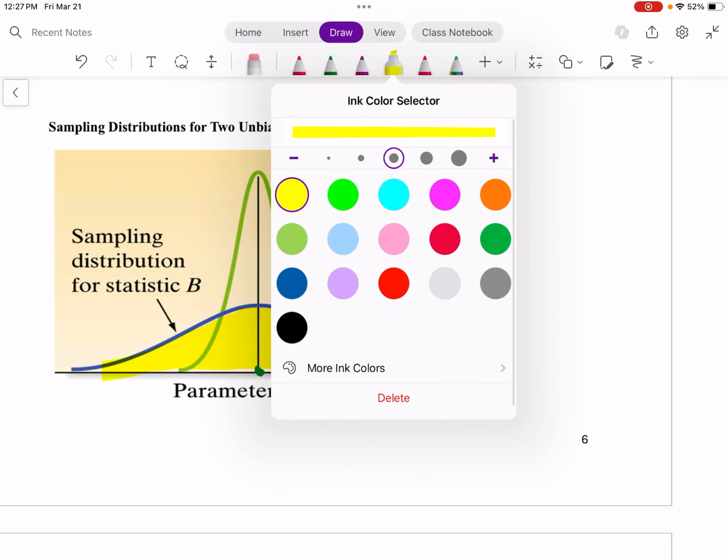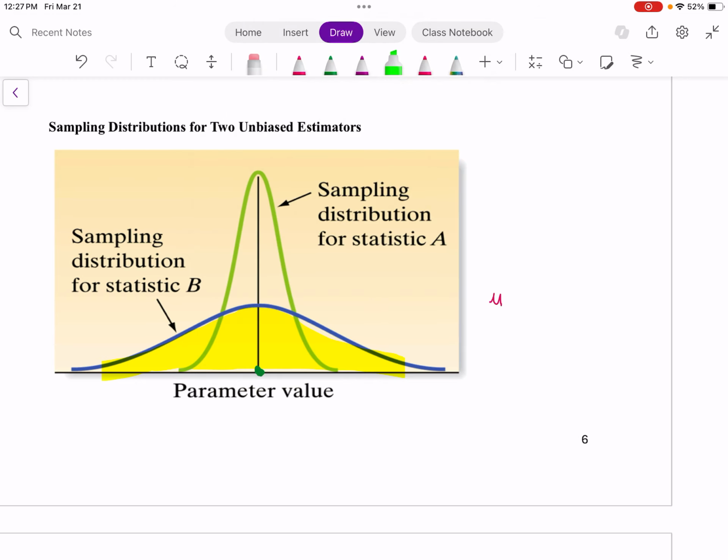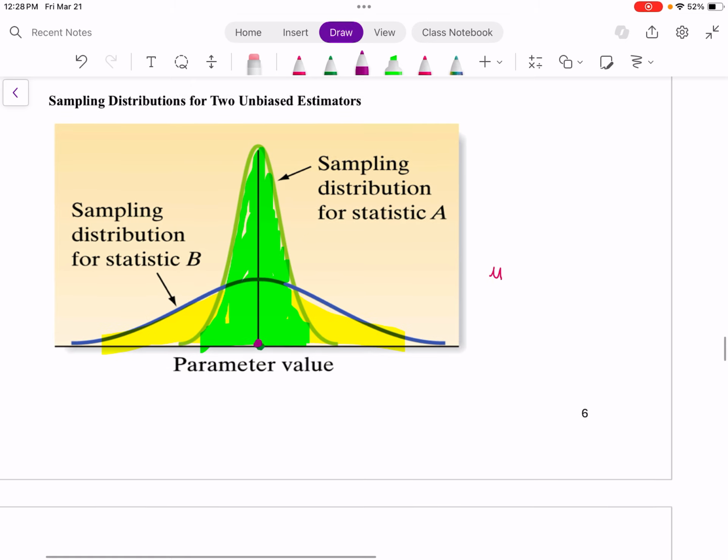And this is our next sampling distribution. This distribution also has a mean at the same point. So we have two sampling distributions with exactly the same mean, and our parameter mu is also at the same point.